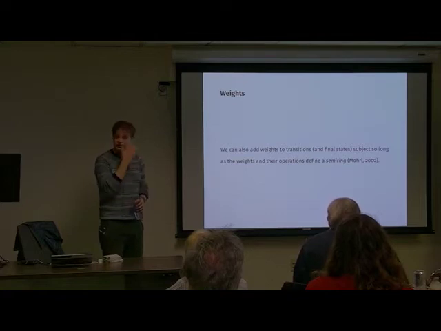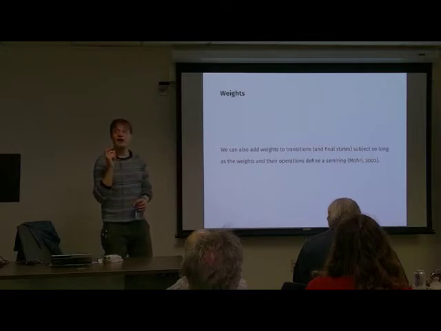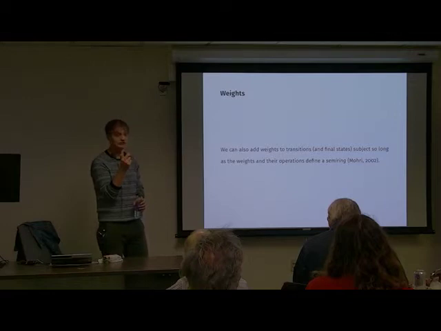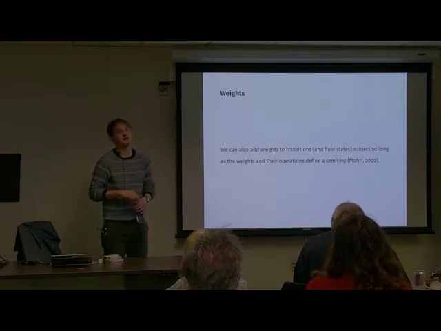To make these things coherent, weights can be basically an arbitrary type, so long as we define a set of the weights, which can be infinite, can be the real numbers, or integers, or something like that. And we also need to define two operations subject to the definitions of what's called a semiring. Those of you who are familiar with abstract algebra will know rings. A semiring doesn't necessarily have a subtraction operation.